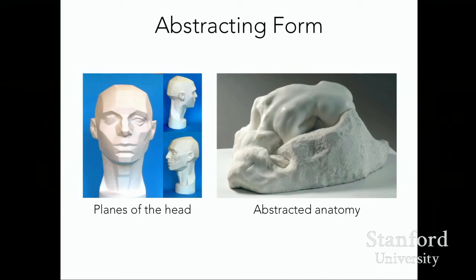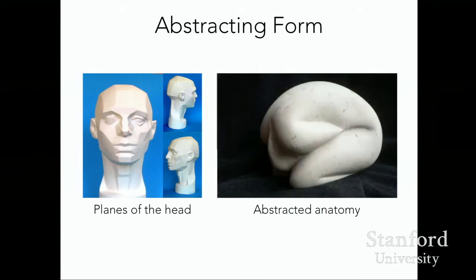For full body anatomy, like in this example here, abstraction is also happening, clearly. I mean, maybe a little bit hard to see in this slide or in this room, but the face and the hair of this figure are clearly abstracted away a lot. There's not a lot of detail there, whereas the back and other parts of the form have a lot more detail. I found this other version.